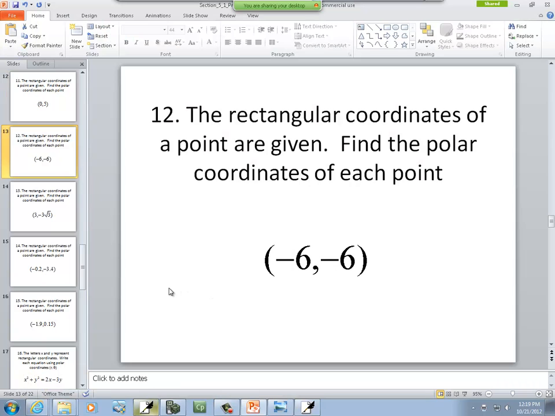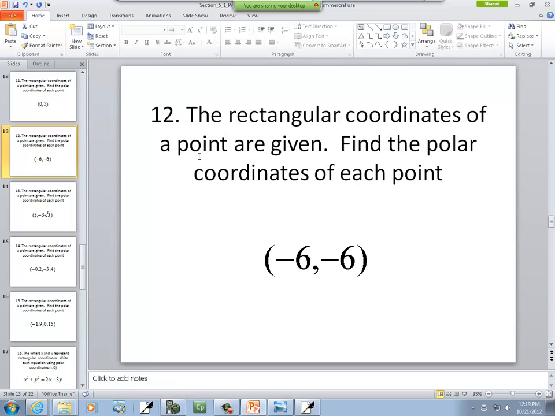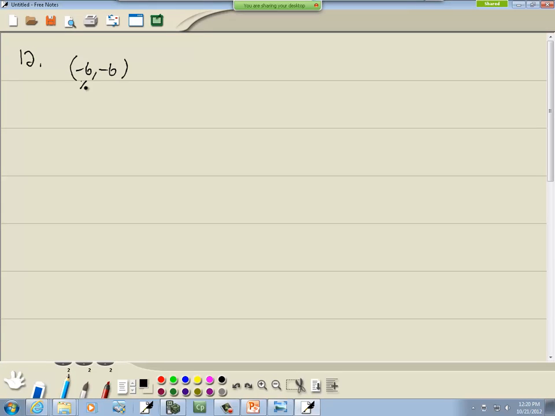And I think this one's on a unit circle also. So I got -6, -6. It's given to us in rectangular and we want to change it to polar. Well, this is x and this is y. To change it to polar, remember our first step is to find r.